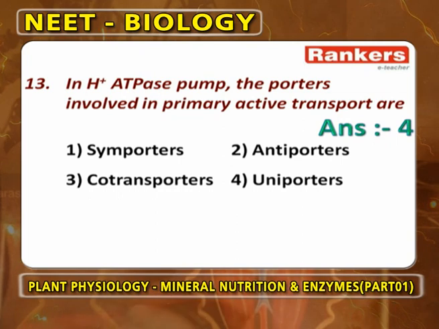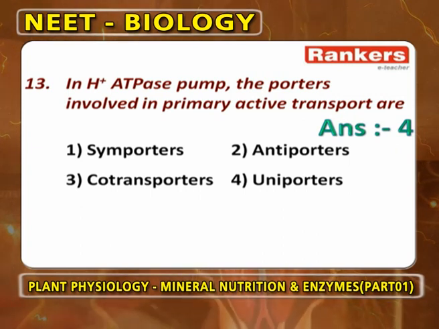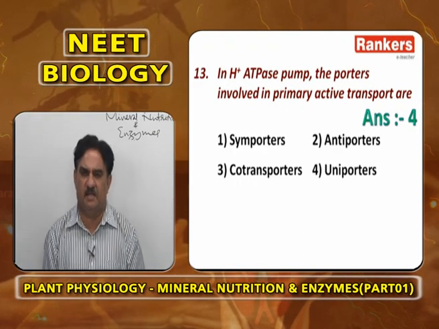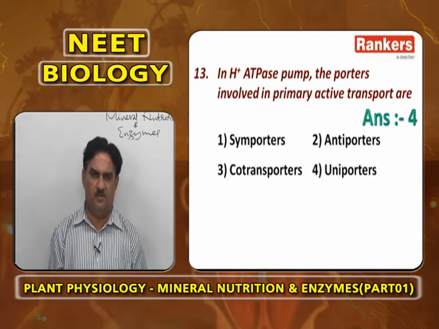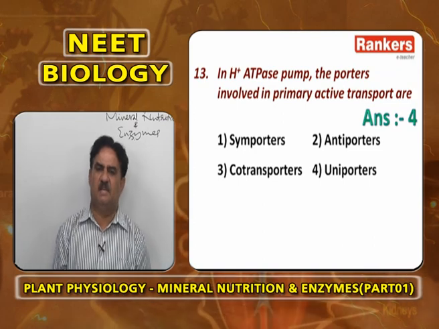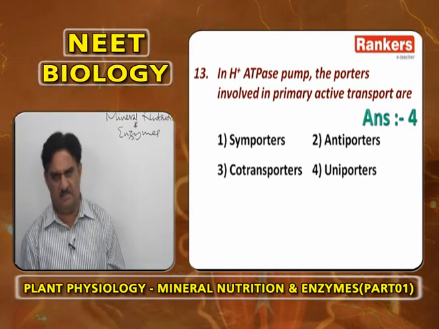In H plus ATPase pump, the porters involved in primary active transport. Movement of protons from inner space to outer space through a cell membrane is popularly called uniport. Movement of ions by uniport requires special energy called ATP hydrolysis.